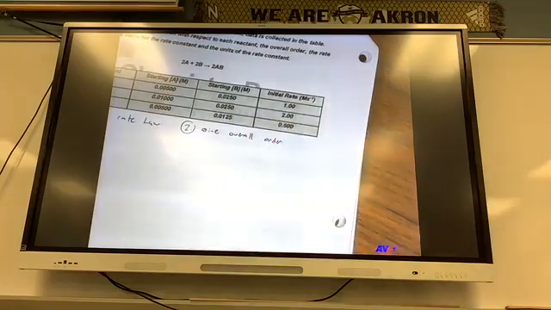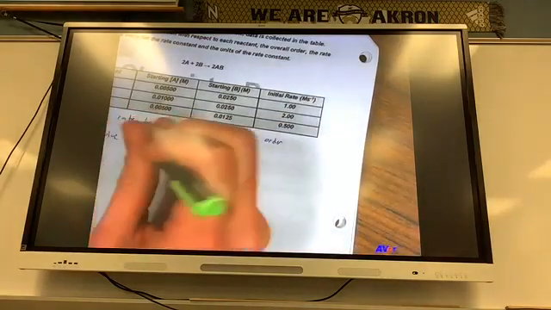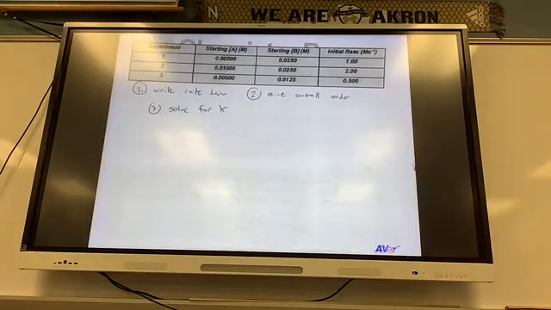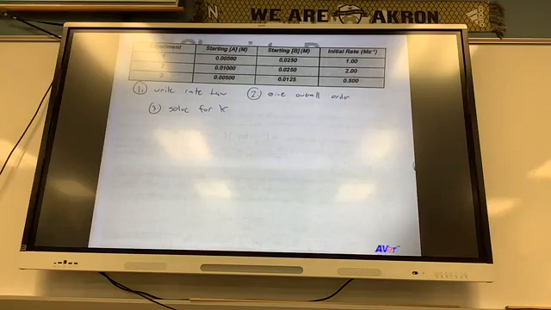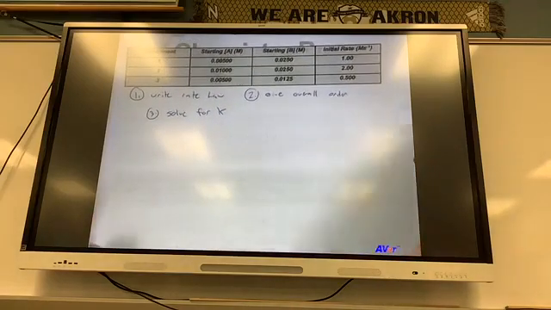We do not have to solve. Do you want us to solve for K? 3, solve for K. No. And I usually do K as a separate step. I'll do the whole math. You guys can decide how you want to do it.